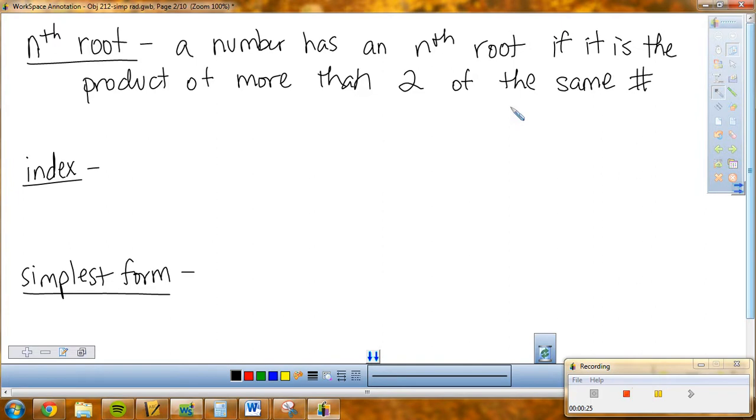So our square root example was 6 times 6. Our nth root example would be more than 2 sixes. So something like 2 times 2 times 2.